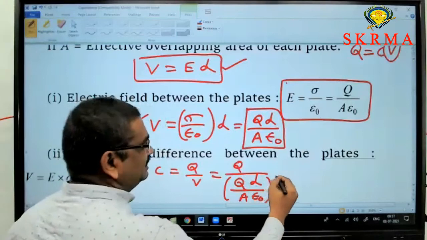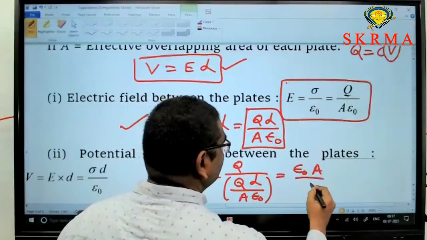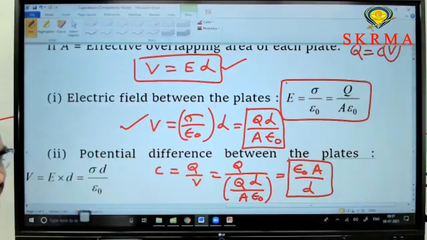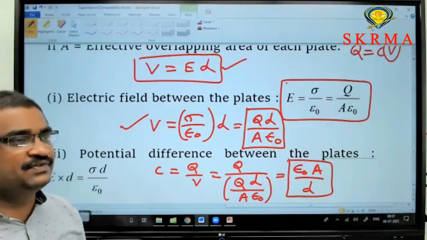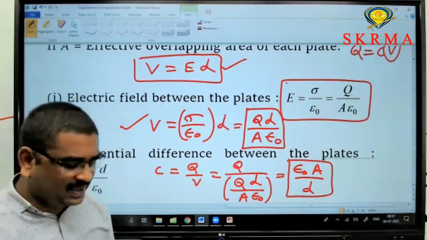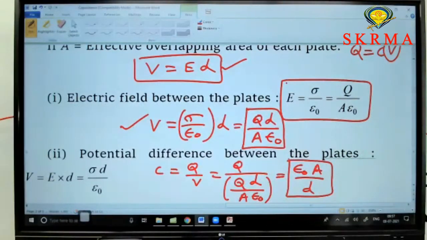Cancel similar terms, and you will get epsilon naught into A by D. This is the formula for the capacitance of a parallel plate capacitor: epsilon naught A by D. This is the basic derivation.